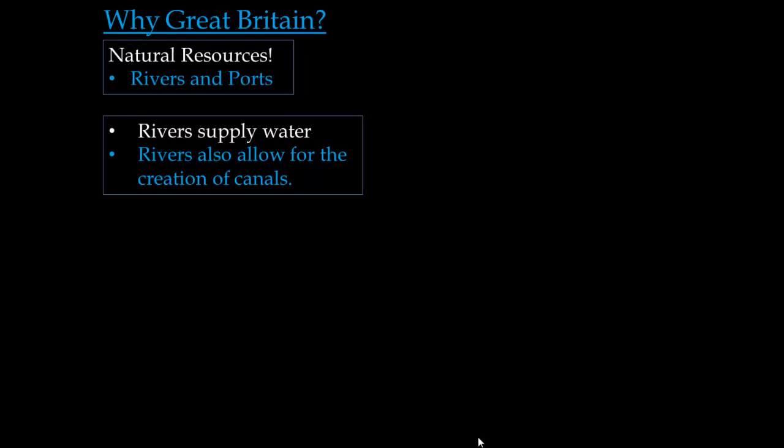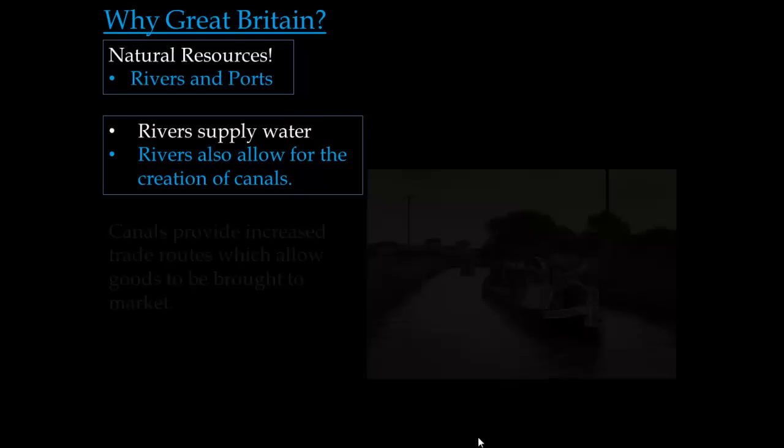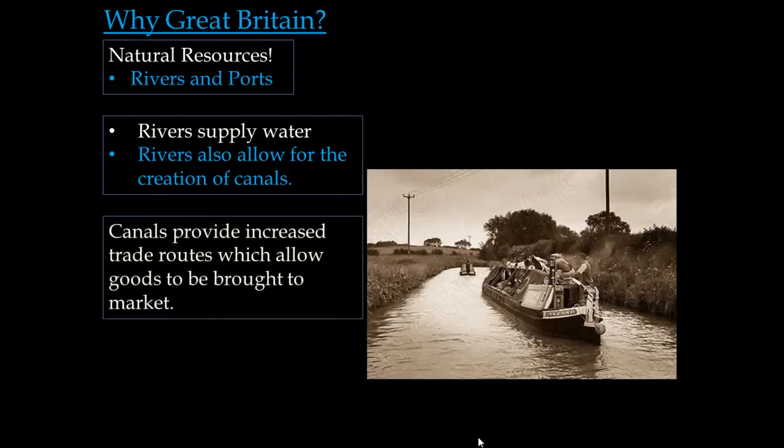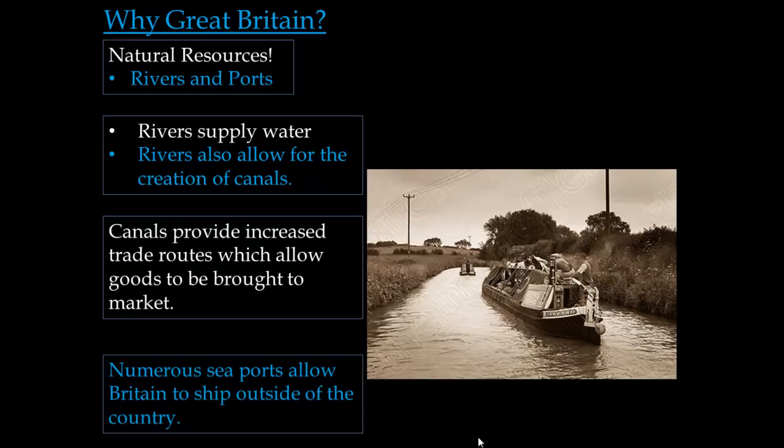Along with that, it allows for the creation of canals. And canals are important because they're basically dug to connect major rivers to each other and provide more trade routes, which allow manufacturers to bring their goods to markets. Along with that, Britain has numerous seaports, which is going to allow them to increase their shipping outside of the country.